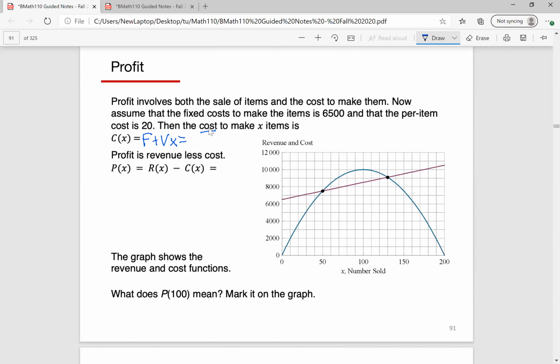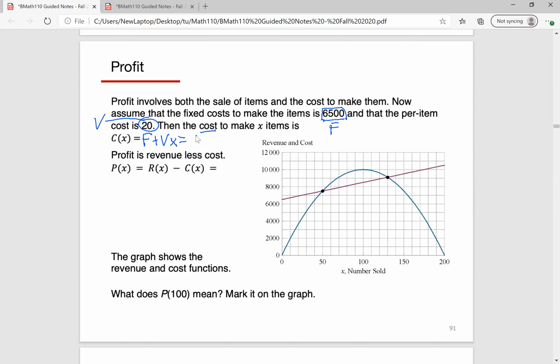So in here, you know that the fixed one was 6,500 and the variable is V. So then you're going to have 6,500 plus 20x. Okay, and now they want to find the profit, and the profit is revenue subtract the cost, right?